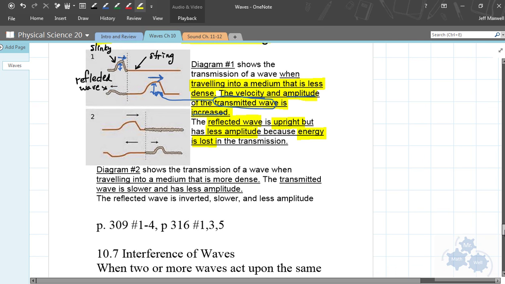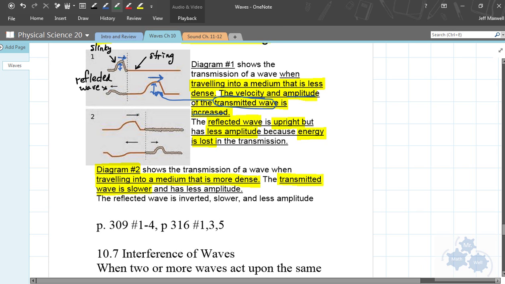If we look at diagram 2 here, it shows the transmission of a wave when traveling into a medium that is more dense. So this would be like the yarn from yesterday, a big pulse being sent down into the spring. The transmitted wave is slower, so you can think if it hits a thicker or more dense medium, it's going to go a little bit slower.